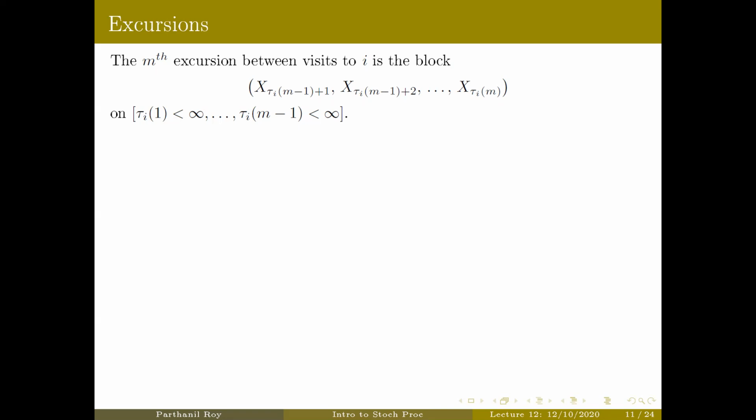I could have just said the m minus 1th return time is well defined and finite, because that would automatically incorporate that the previous return times are well defined and finite. Otherwise, this won't be well defined. But anyway, I always prefer to write like this. So on this event, this is the excursion. If this event doesn't happen, we don't even define the excursion.